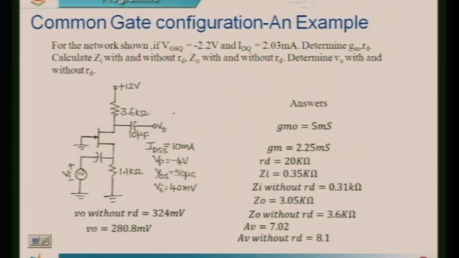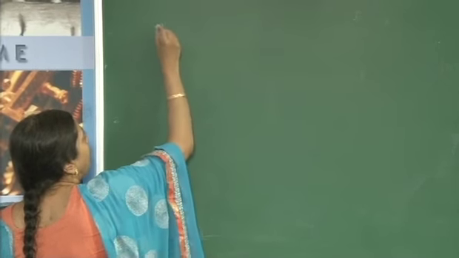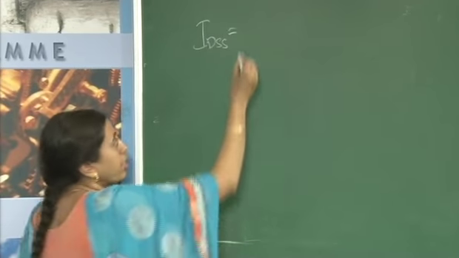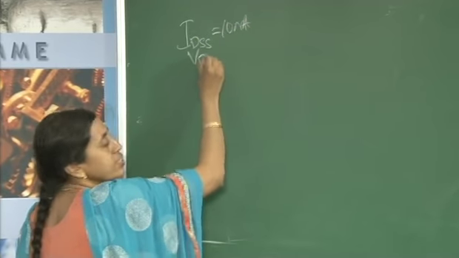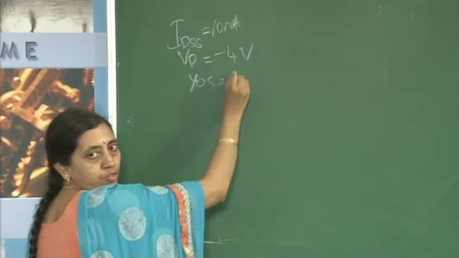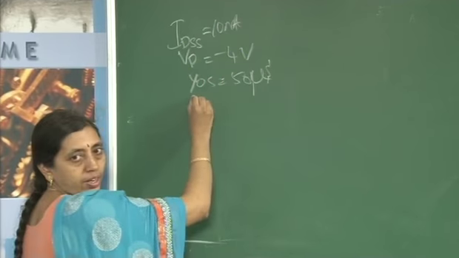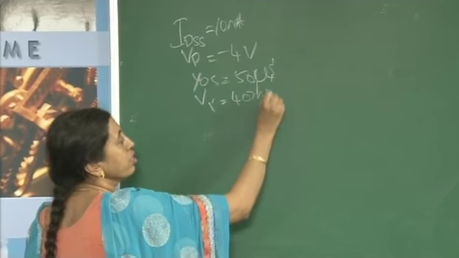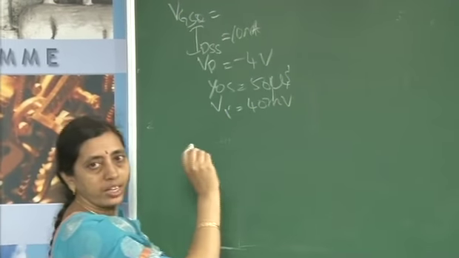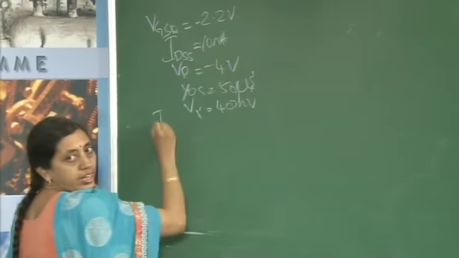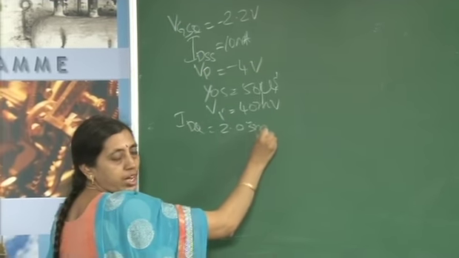So, IDSS is 10 milliamperes, Vp is minus 4 volts, YOS is 50 micro, then Vi is 40 millivolts, VGSQ is minus 2.2 volts, then IDQ is 2.03 milliamps.